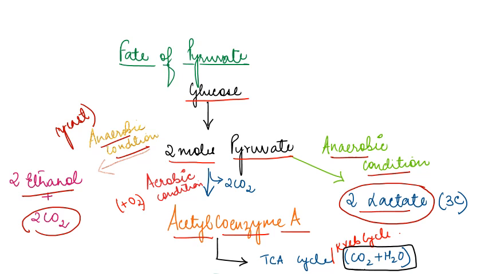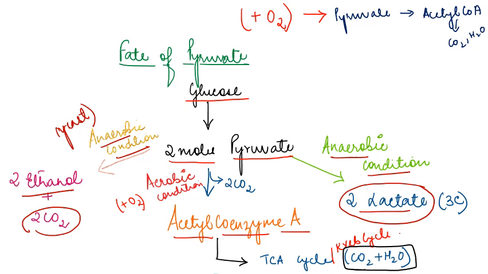So what we have seen is that when oxygen is present, glucose is getting converted to pyruvate, and pyruvate is getting converted to acetyl coenzyme A. This acetyl coenzyme A enters into the Krebs cycle and changes to carbon dioxide and water. But in case oxygen is absent, what will happen to this pyruvate? This pyruvate will change into lactate.